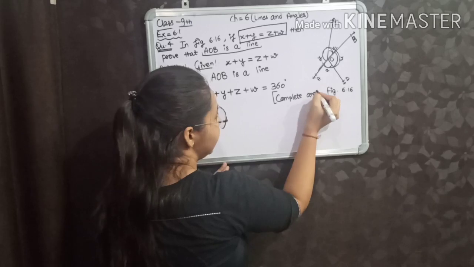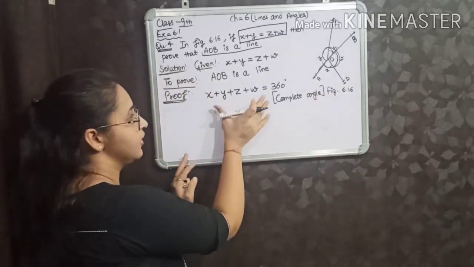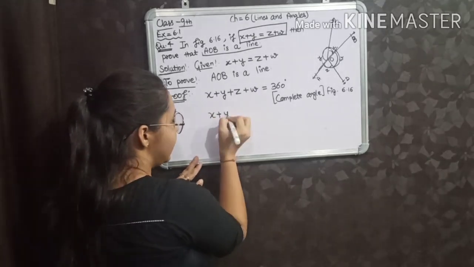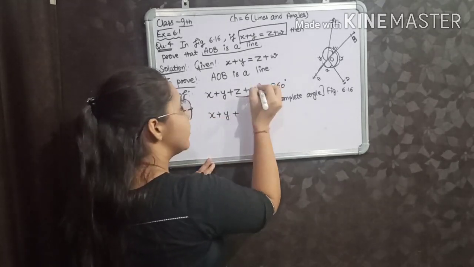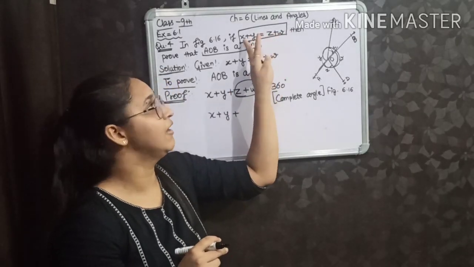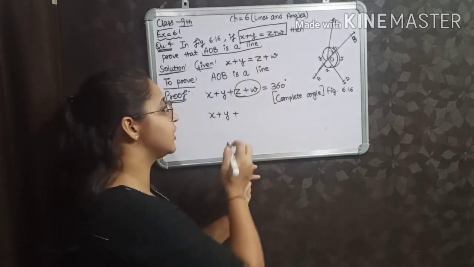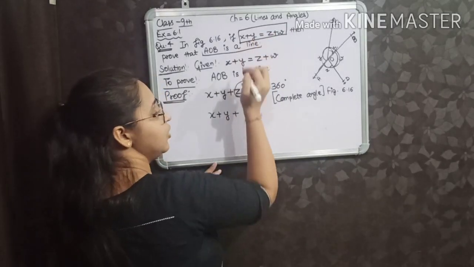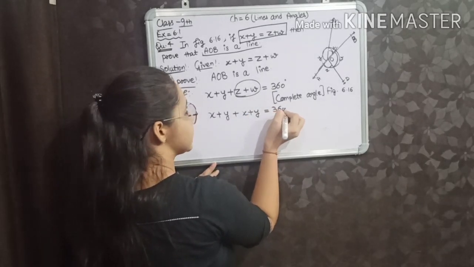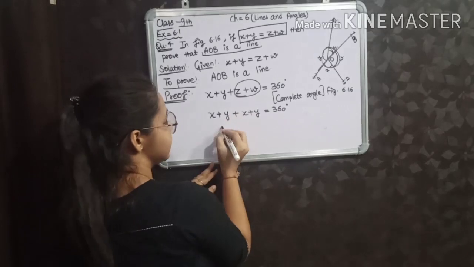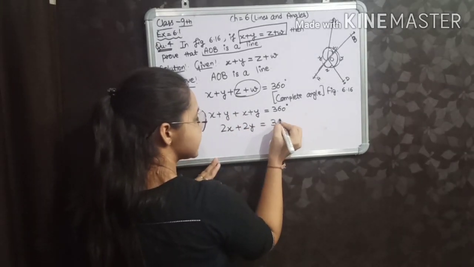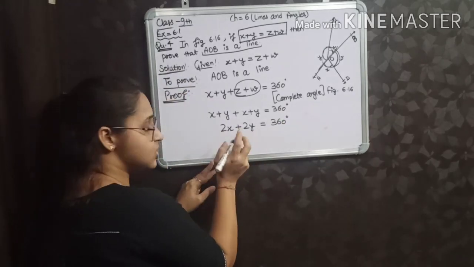Now use the given condition. This is our equation. Now in place of z plus w, we have x plus y by the given condition. So we can replace z plus w by x plus y, and it is equal to 360 degrees. Now x plus x is 2x, plus 2y is equal to 360 degrees. I can take 2 as common.